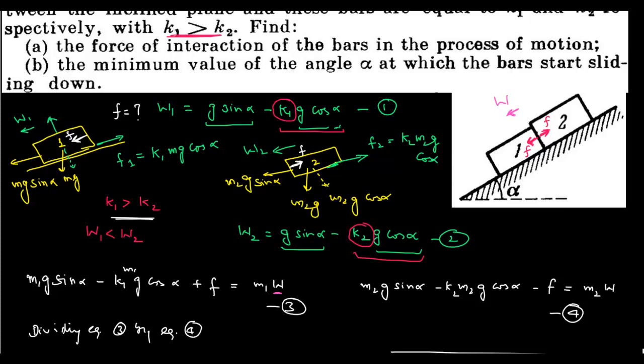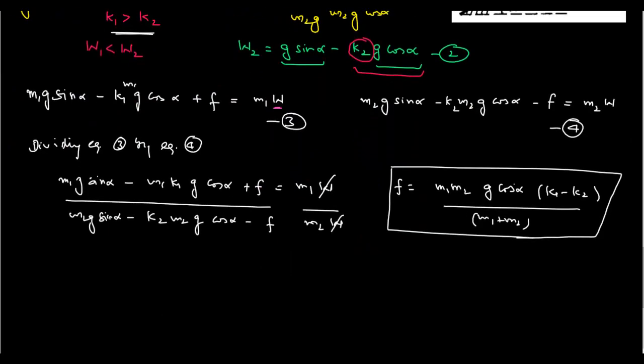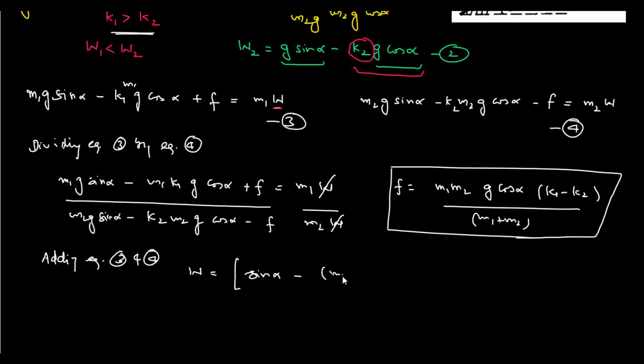So for this we have to add equations 3 and 4. Adding equations 3 and 4, we get W, the acceleration, equal to sin alpha minus (m1 k1 plus m2 k2) divided by (m1 plus m2) into cos alpha, and into g.